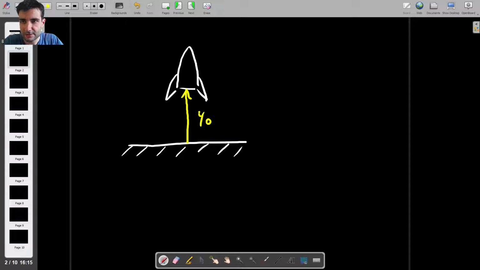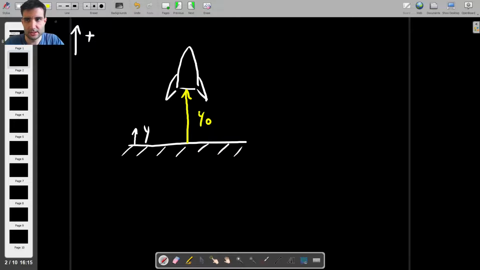Now, I haven't specified this, but it should be relatively straightforward that my y is defined as positive when it's measured upwards with respect to the ground. So anything that is going up is positive. And I don't just mean the distance, I mean velocities and accelerations as well.